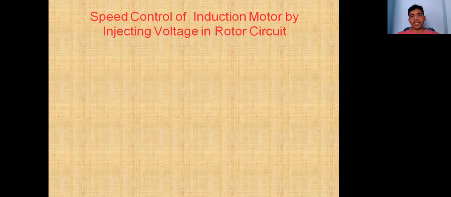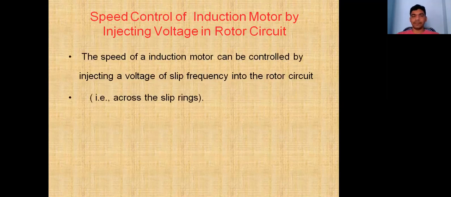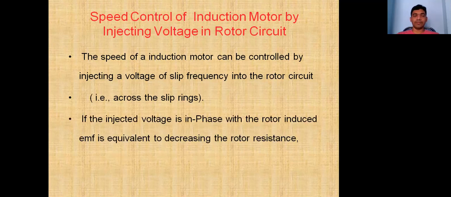Speed control of induction motor by injecting voltage in rotor circuit. The speed of induction motor can be controlled by injecting a voltage of slip frequency into the rotor circuit. If the injected voltage is in phase with the rotor induced EMF, it is equivalent to decreasing the rotor resistance.